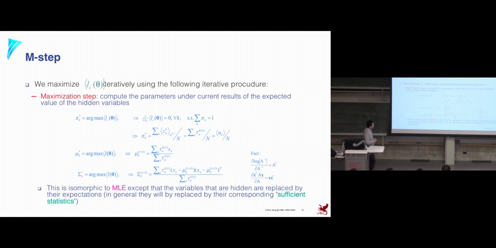And then once we make the soft assignment, we are good to compute all the parameters based on partial counting. Now your pi becomes a sum over all data points of the partial assignments divided by all the numbers. And likewise, the mean and the covariance will all be computed based on the so-called soft assignments. This is the M step.